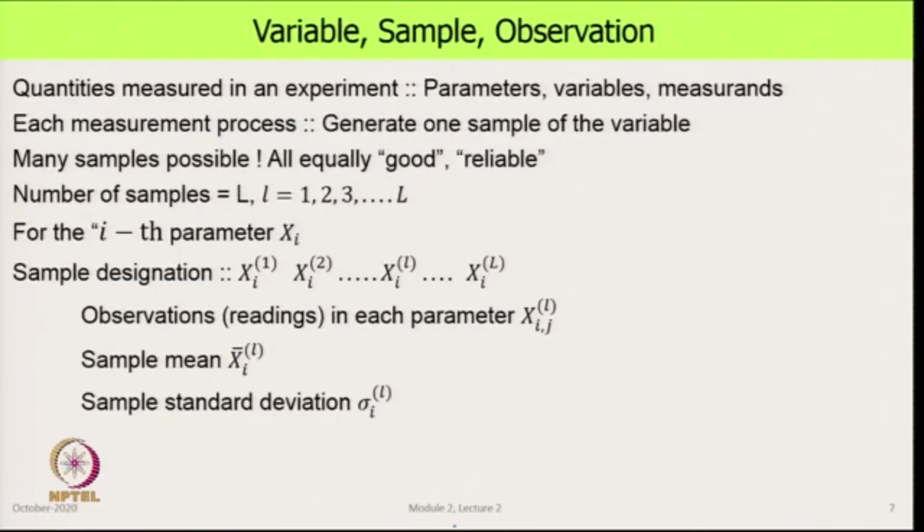So, now what is the basis of why we make an interval estimate? In an experiment we have measured something, a quantity which we call a parameter or a variable or a measurand. Each time we make a measurement of that particular parameter, we get some readings or observations as we call them.